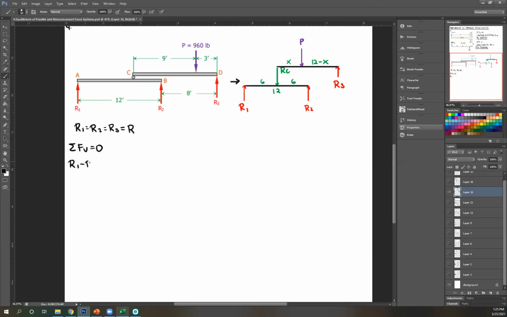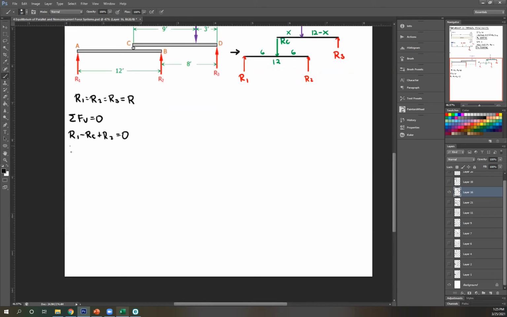RC is downward, therefore negative. Then R2 is upward, therefore positive. Equals 0. And remember, R1 equals R2 equals R. So R minus RC plus R equals 0. So therefore, RC is just equal to 2R. Now I have this equivalent equation, RC equals 2R.